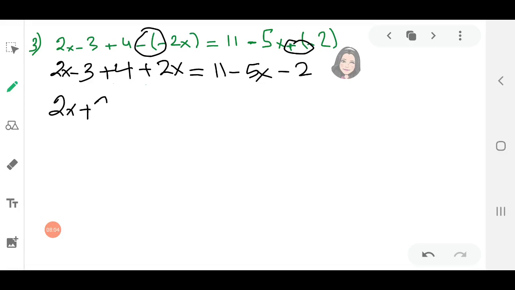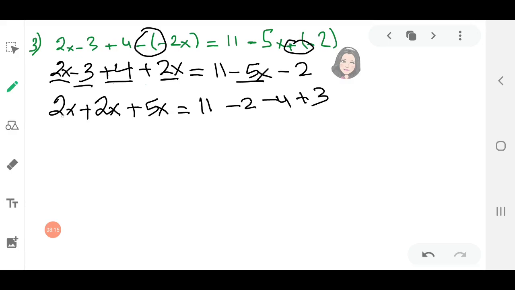So 2x plus 2x, this minus 5x will be plus 5x, equal 11 minus 2, move this plus 4, it will be minus 4, and move this minus 3, it will be plus 3. So 2x plus 2x is 4x, and 4x plus 5x is a 9x, equal 11 minus 2 is a 9, 9 minus 4 is a 5, and 5 plus 3 is an 8.